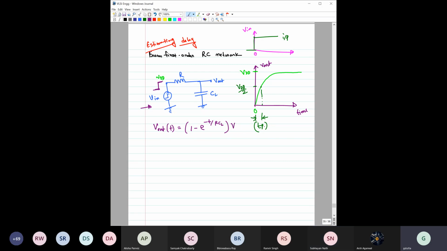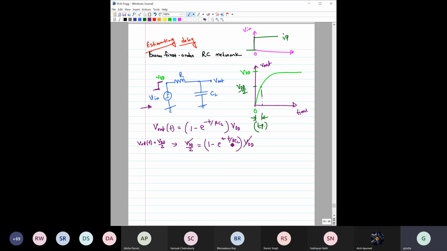Can I write it like this? Yes. So we are trying to find when V out of t is equal to VDD by 2, so we put that: VDD by 2 equals VDD into 1 minus e to the power minus t by RCL.